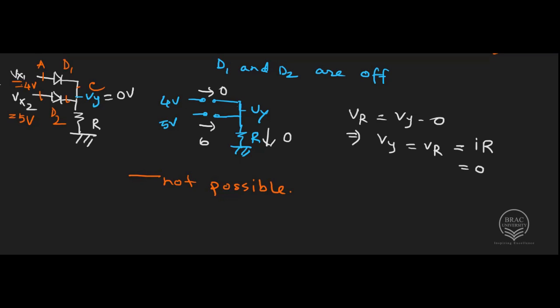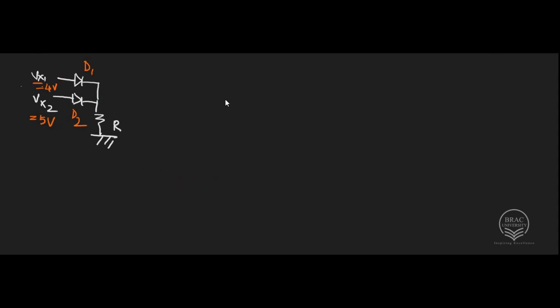So this leaves 2 cases, that either D1 is off or D2 is off. Now let's explore those. Let's assume that D1 is on and D2 is off. If this is the case, then we can represent D1 with short and D2 with open circuit.